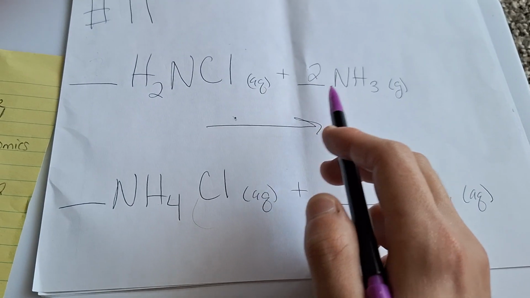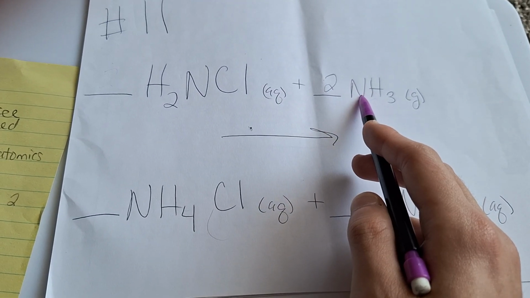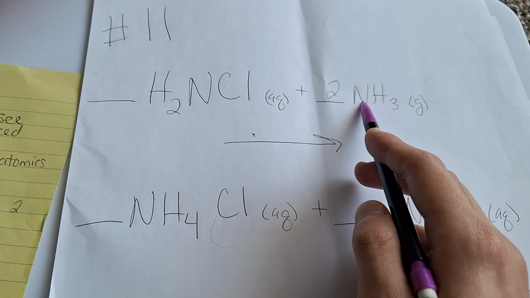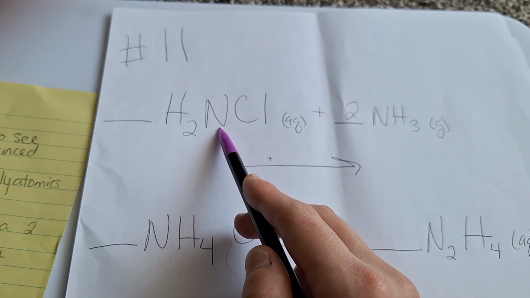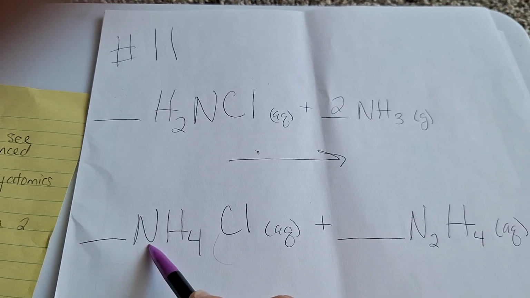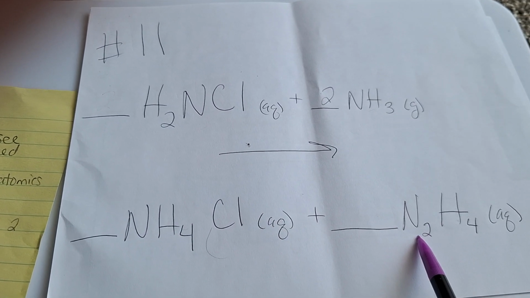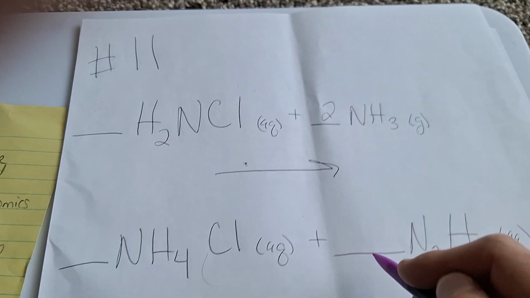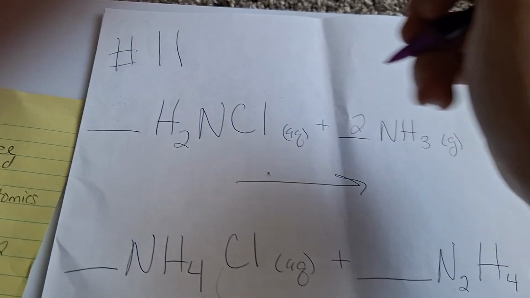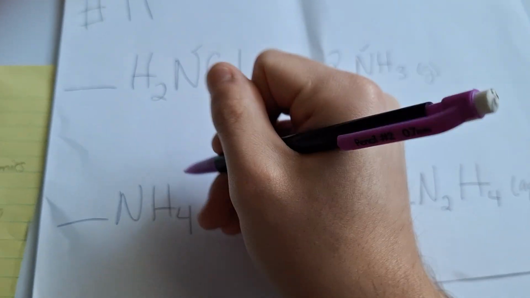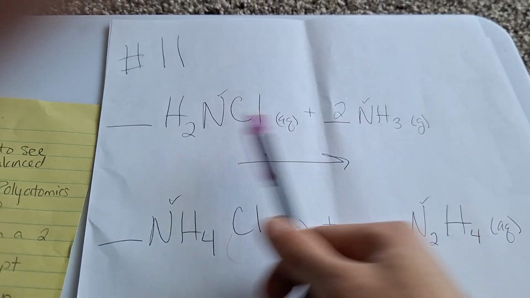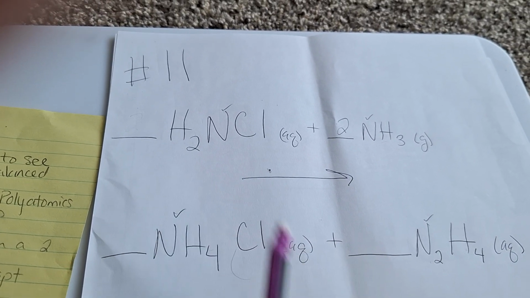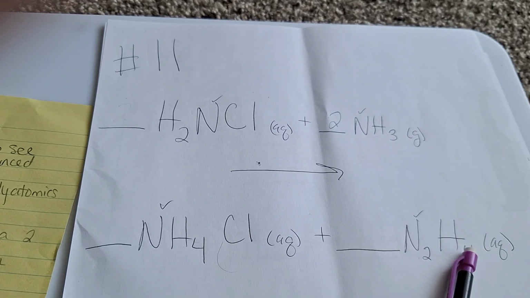So that means 2 nitrogen here plus here. That's 3 nitrogen. And then 1, 2, 3 nitrogen. So the nitrogens balance out. And now we have 2 times 3, 6, plus the 2, 8, 1, 2, 3, 4, 5, 6, 7, 8.